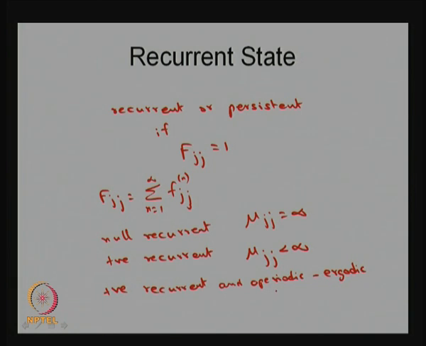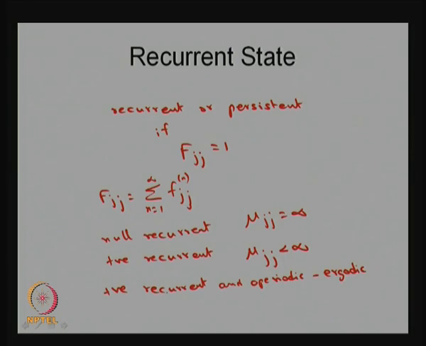Aperiodic means the periodicity of that recurrent state is 1. That means the greatest common divisor of all possible steps in which the system comes back to the same state is 1. If the period is 1 and the state is positive recurrent, it should be recurrent as well as positive recurrent. That means the mean recurrence time is going to be a finite quantity, then it is called an ergodic state.